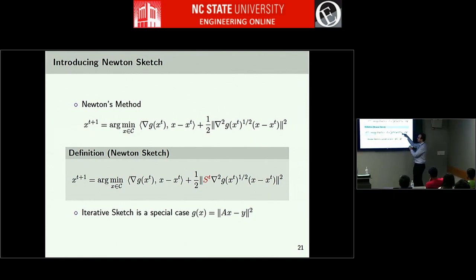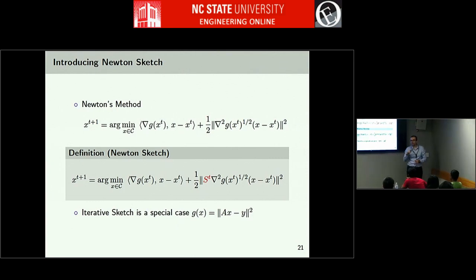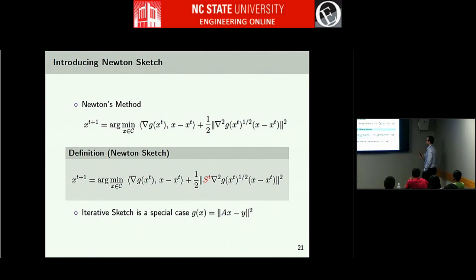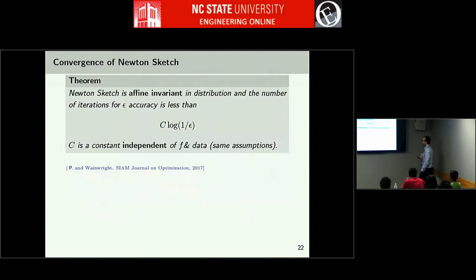So if you do this for least squares, you will automatically get adaptive sketching by multiplying with the residuals. Because the next gradient you get here will be the adaptive sketch. It just follows from a simple calculation.